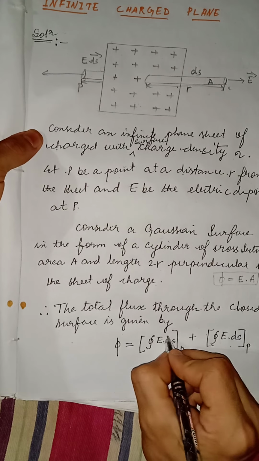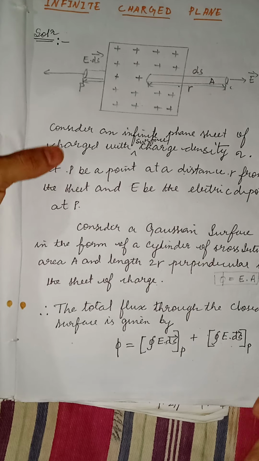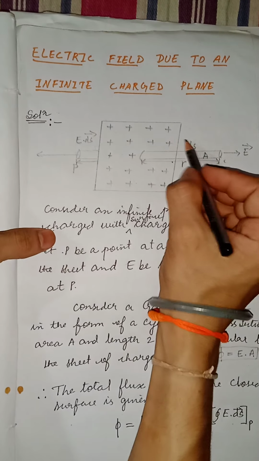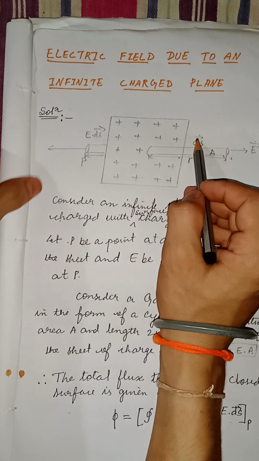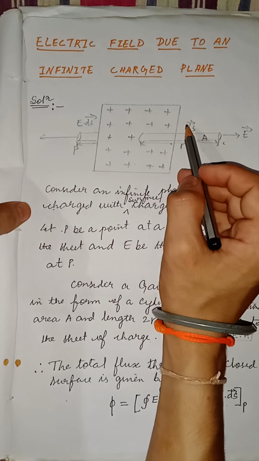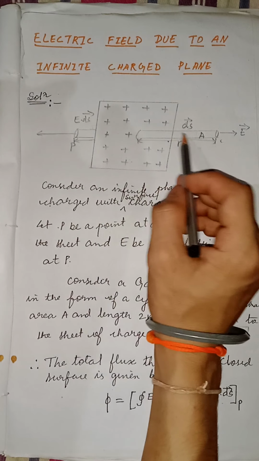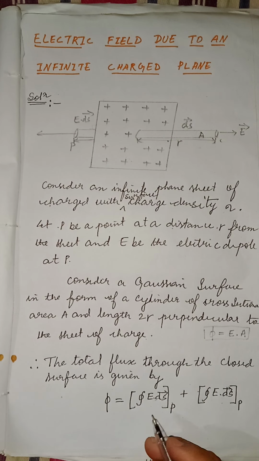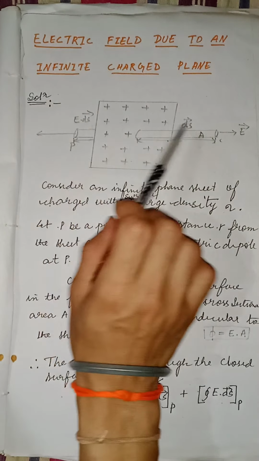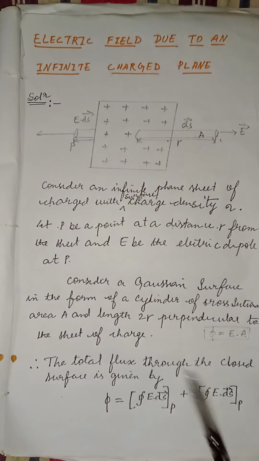Now look here, this is a vector quantity. To remove the vector sign, we need to write sine theta or cos theta. In this problem we need to consider cos theta.